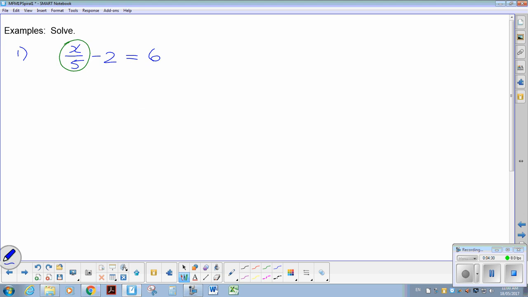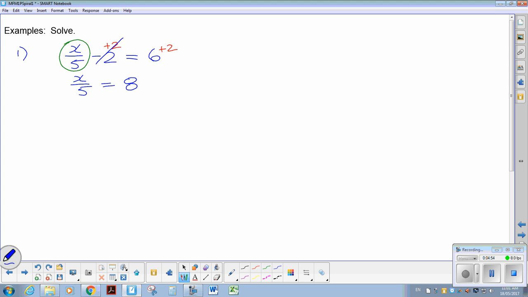That is your goal. That means that that 2 has got to disappear. It's a negative 2. Opposite of a negative 2 is a positive 2. Whatever we do to one side, I have to do to the other. So we put a plus 2 on both sides. Negative 2 plus 2 cancels each other out. It becomes 0. So I have x over 5 left, and 6 plus 2 gives me 8.